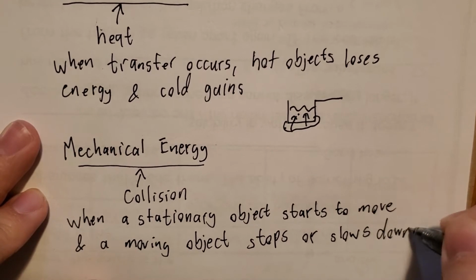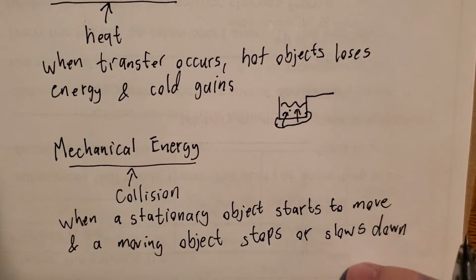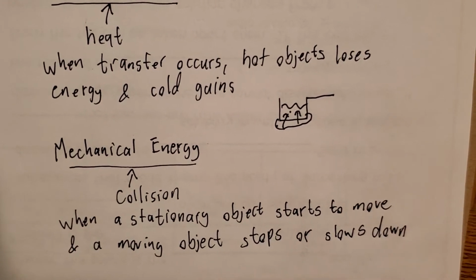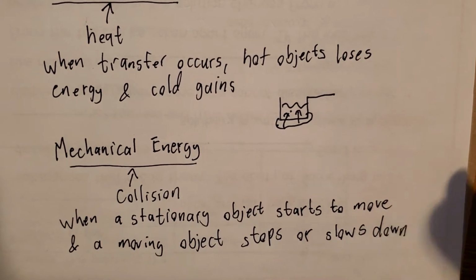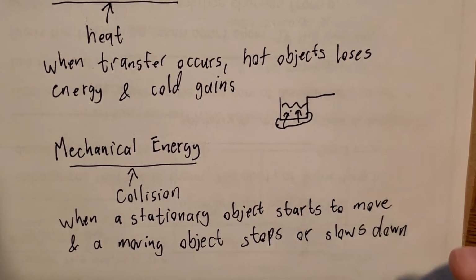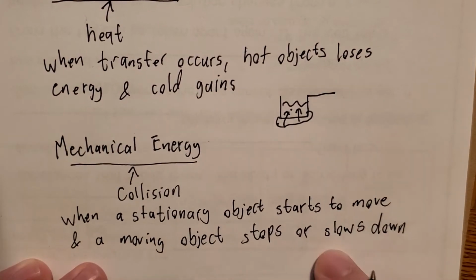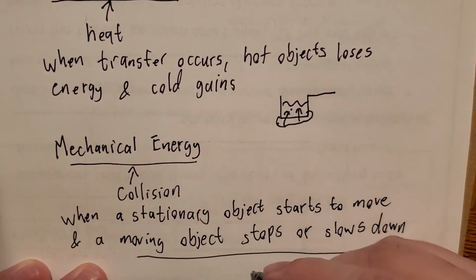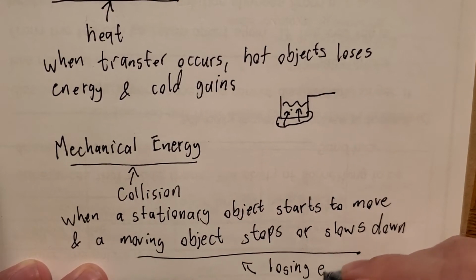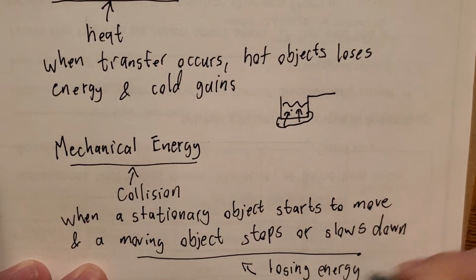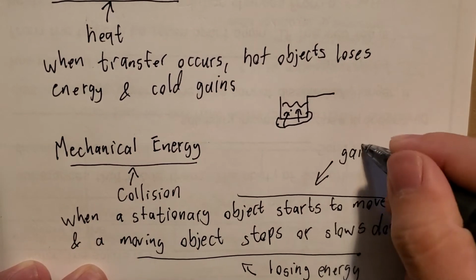A collision is basically when a stationary object, or a slower object relative to your moving object, starts to move, and then the moving object is either going to come to a complete stop or it's just going to slow down. So the object that is slowing down is losing energy, and the other one is gaining energy.